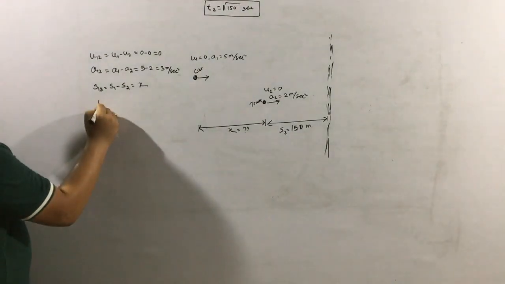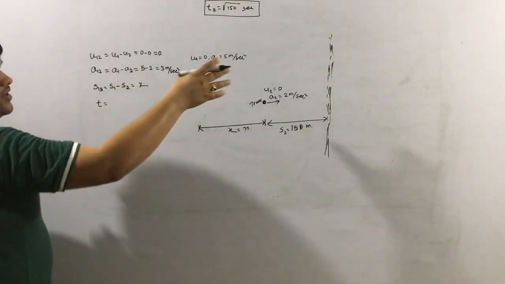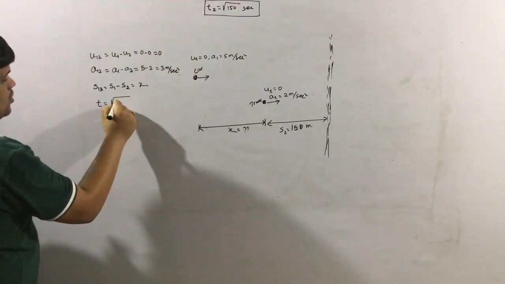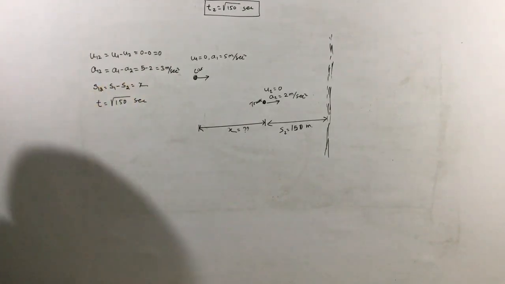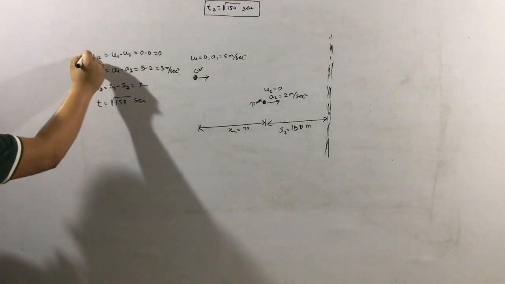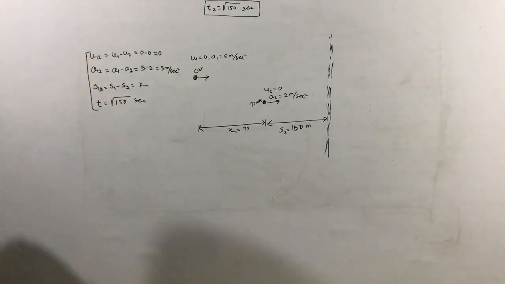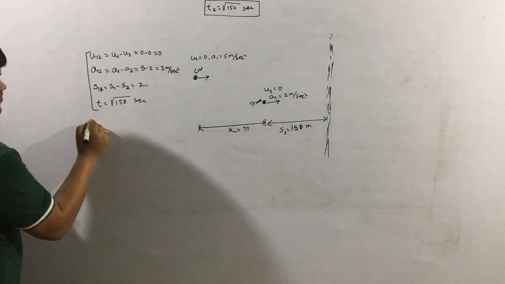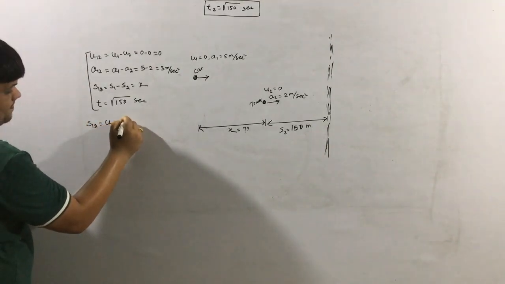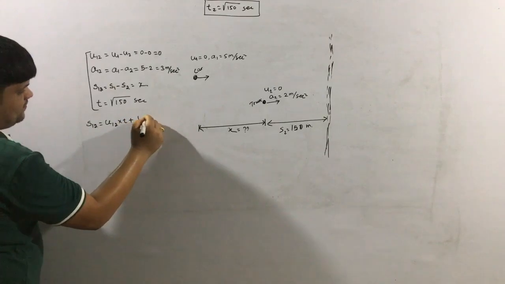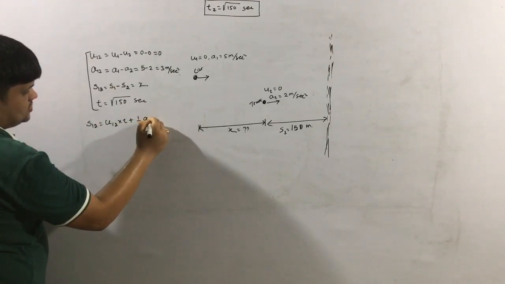Now time is also given. We know that to overtake, it took a time of root over 150 seconds. Now we just have to find the value of x using the equation of relative motion. Second equation: s equal to ut plus half a t square.